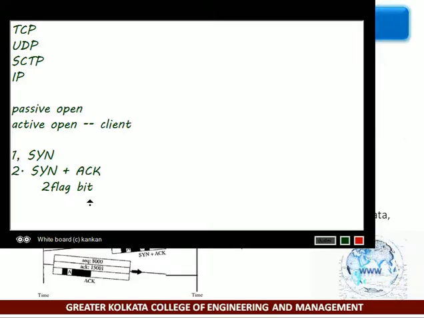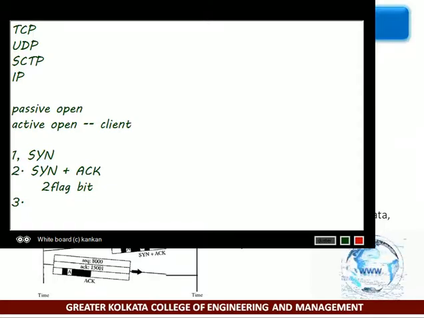Number three, the client sends the third segment. This is just an acknowledgement segment. It acknowledges the receipt of the second segment with the ACK flag and acknowledgement number.